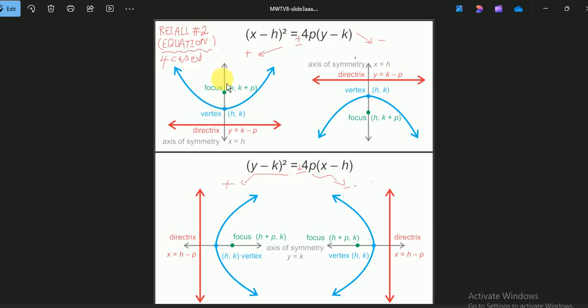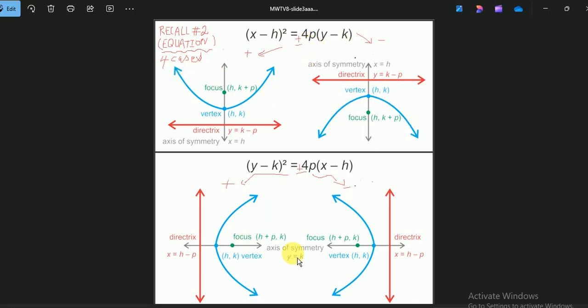So the different forms of equations are, for vertical parabola, if the vertex is at h, k, and if the distance from focus to vertex is p, called focal length, then the formula for vertical parabolas is given here. Plus if it is upward, minus if it is downward.